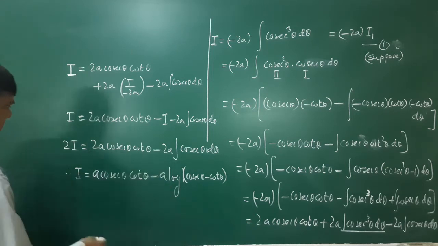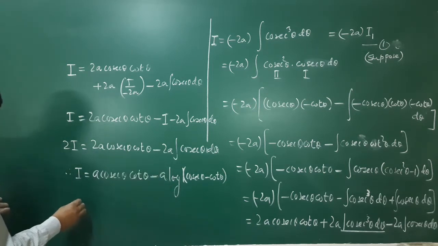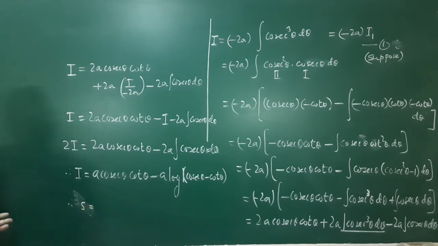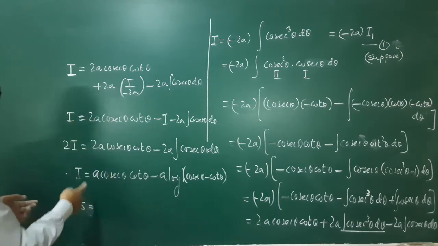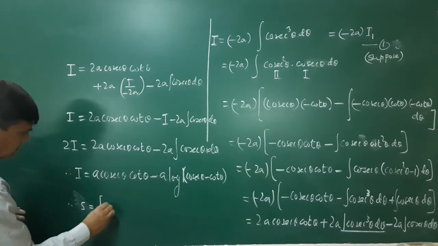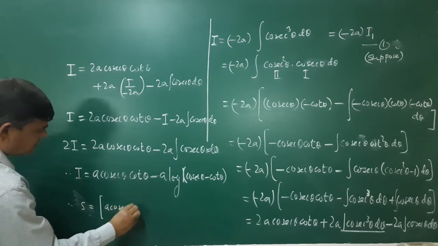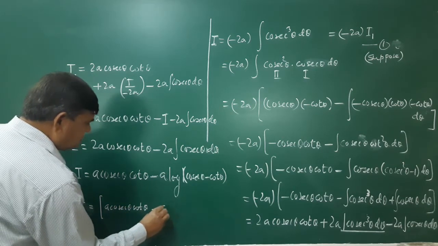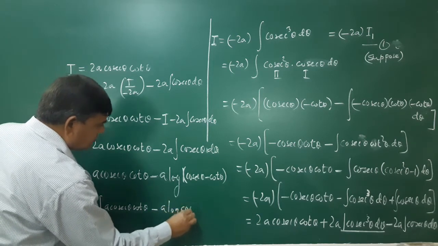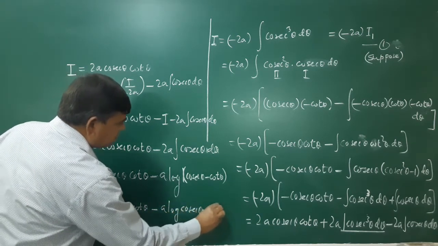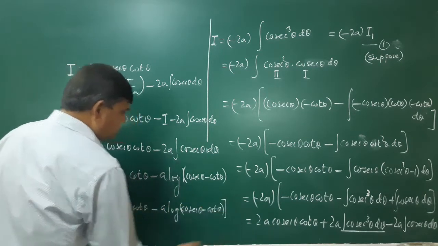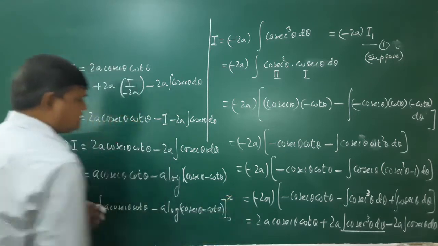And therefore S equals, what was the integral? 0 to x. So this is the integration of this: a cosec theta cot theta minus a log of cosec theta minus cot theta. The limit is from 0 to x.